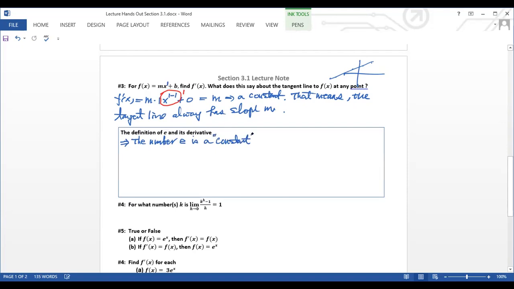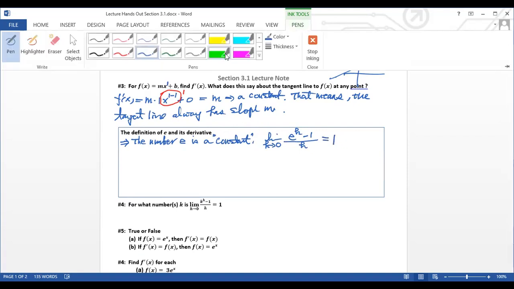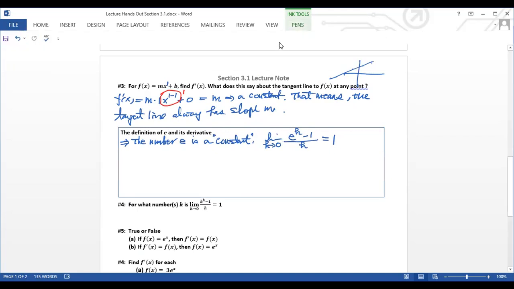So how do we define this constant? This is how we say that. That means limit as h approaches 0 of (e to the h minus 1) over h. And if this limit equals 1, then this is how we define e. So be careful, e is a constant.